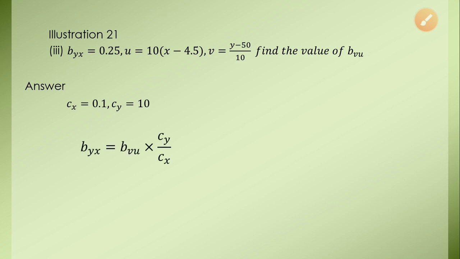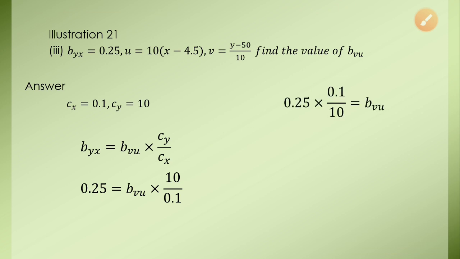Now Byx is equal to Bvu into Cy upon Cx. What is Byx? It is 0.25 into Bvu, which is not given in the question. Cy is 10 and Cx is 0.1.